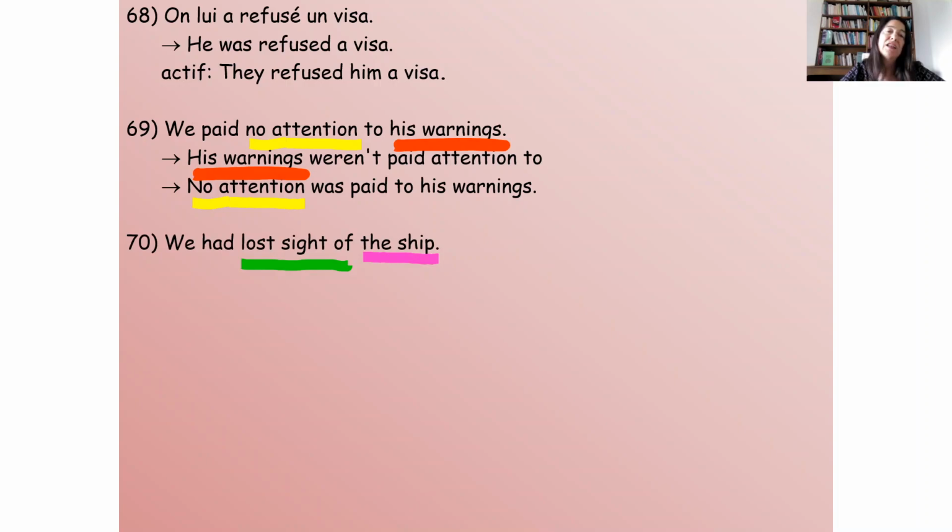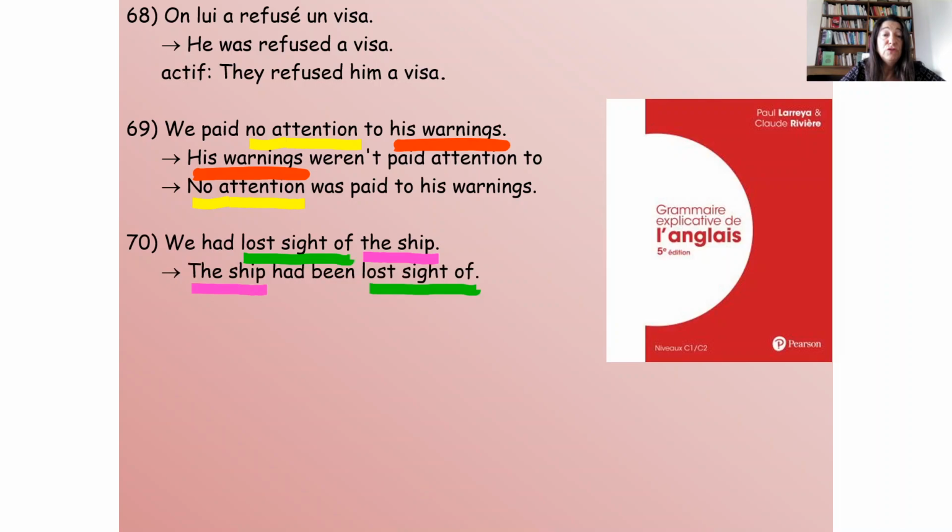How about "we had lost sight of the ship"? So we could compare these two phrases, and here it looks like there are two objects, but in fact, sight is so associated to the verb that it is really difficult to separate them. Therefore, it is possible to make a passive voice starting with the ship.